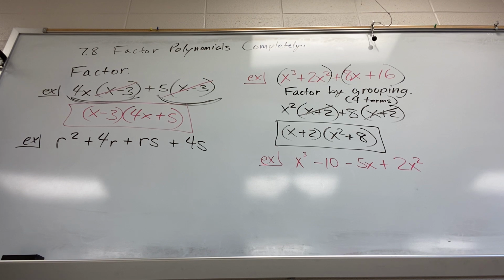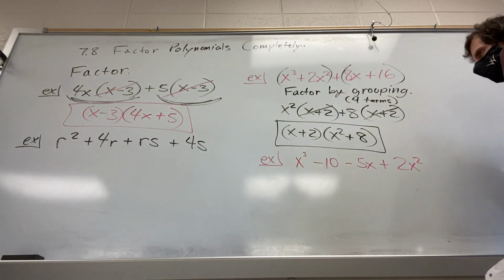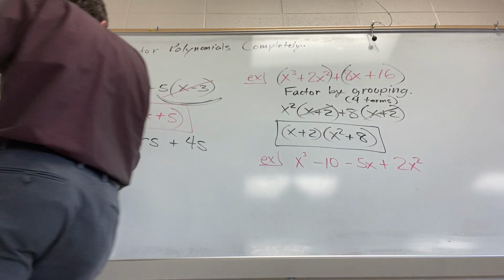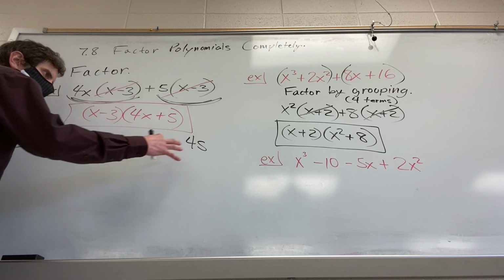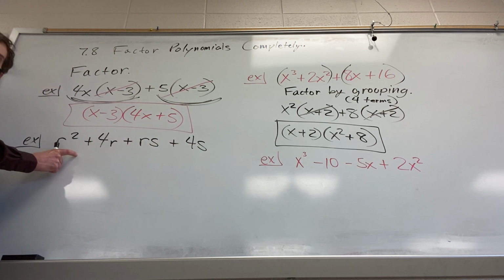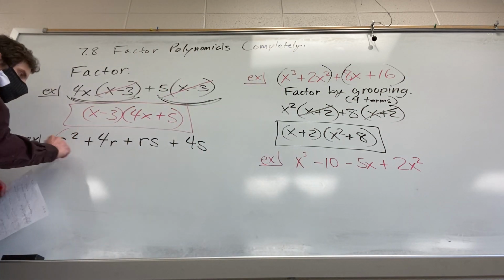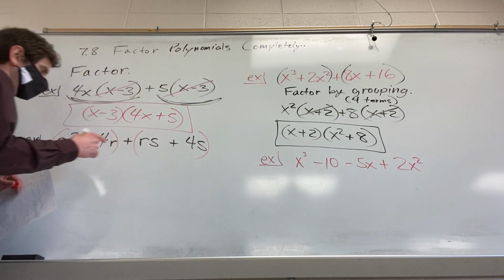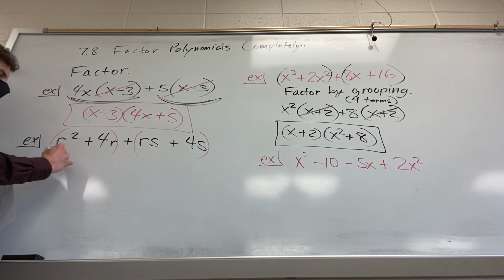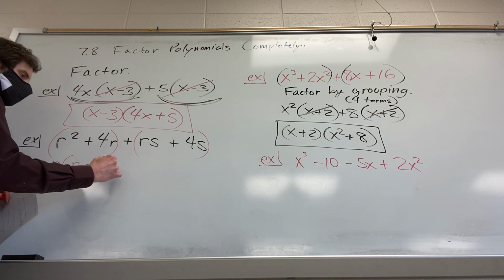Okay. Well, ladies and gentlemen, on this one, you got 4 terms, don't you? Do any of them combine? No, they don't. So what are you gonna do? Group it. R comes out, leaving behind R plus 4.